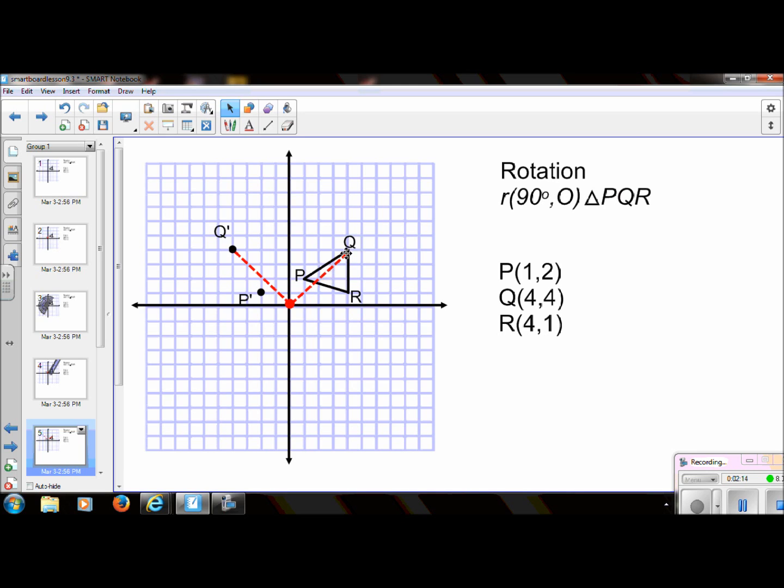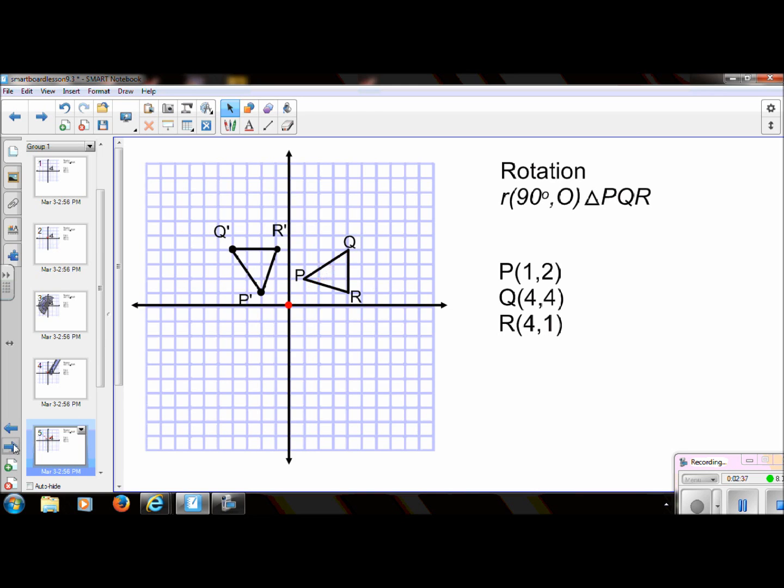Now I need to move on and do the next point, and that would be Q. So from point Q, I would draw a line to the origin, and I would measure 90 degrees, but I don't want to bore you with that great big protractor. I would measure that it's 90 degrees, and then I would measure that this is the same distance from here to here, and that would give me Q prime. So I have 2 points so far.